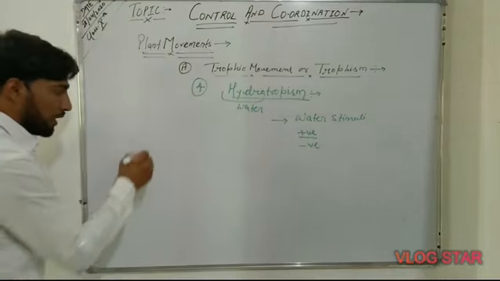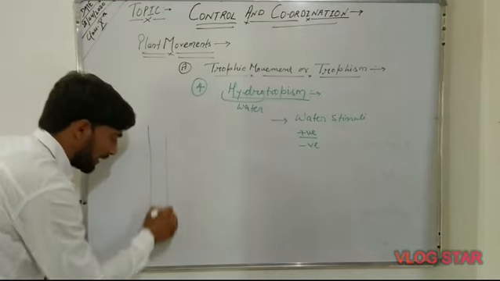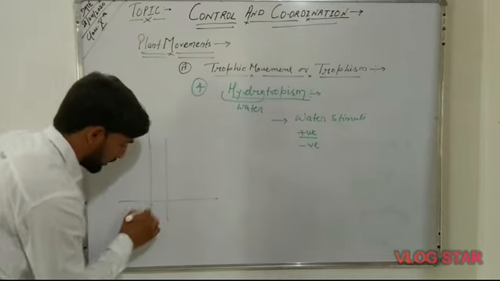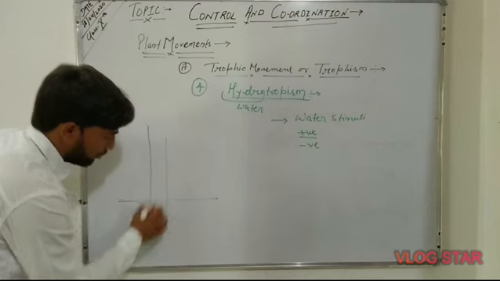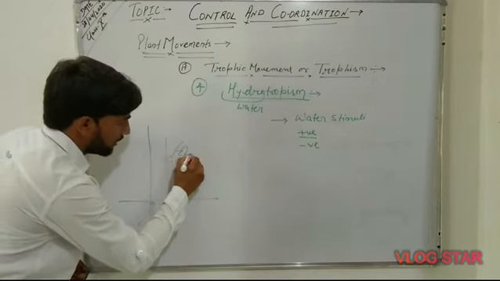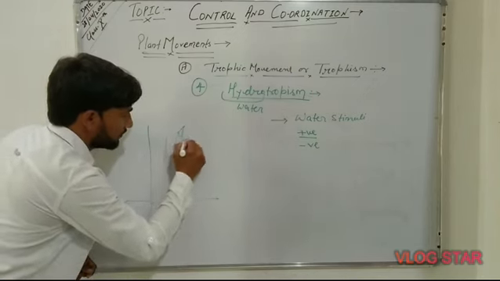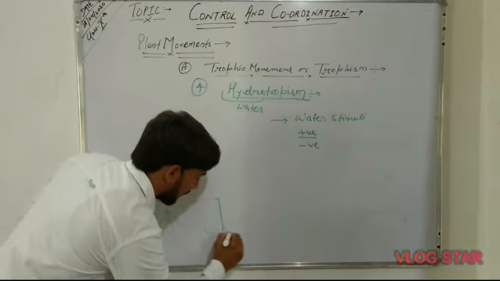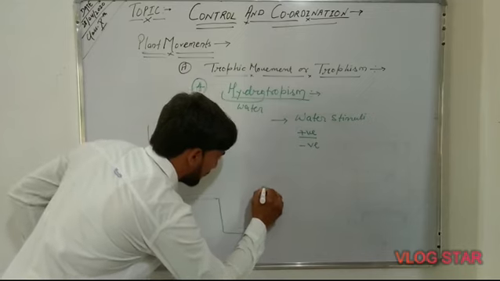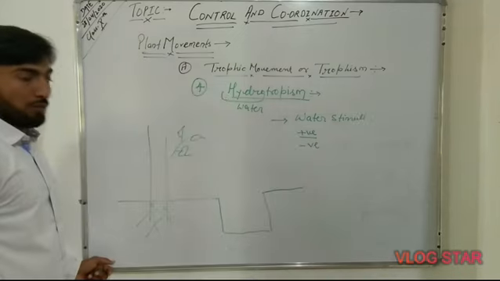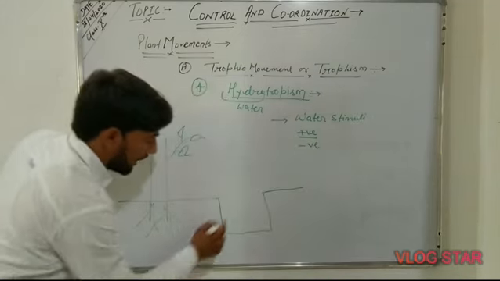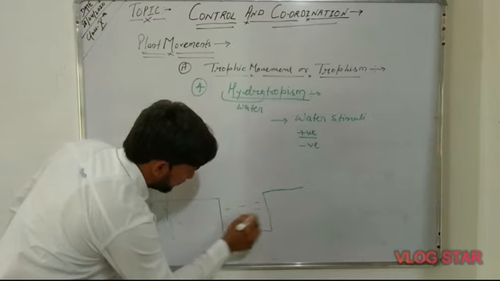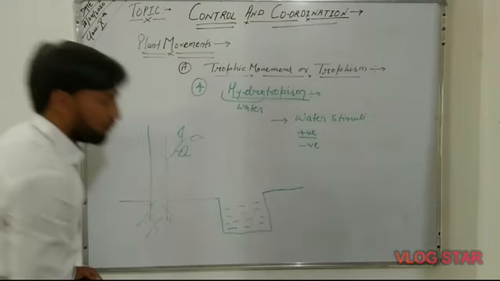So if we have a plant here, buried inside the soil, and these are the roots, this is the shoot part of that plant, then if we dig here and fill it with water, what happens?